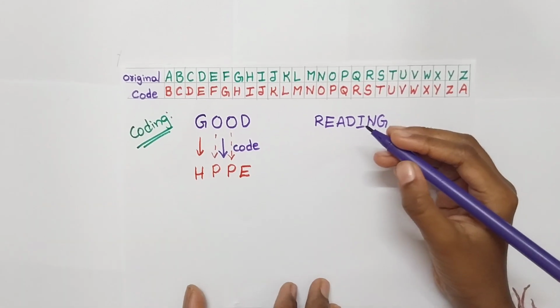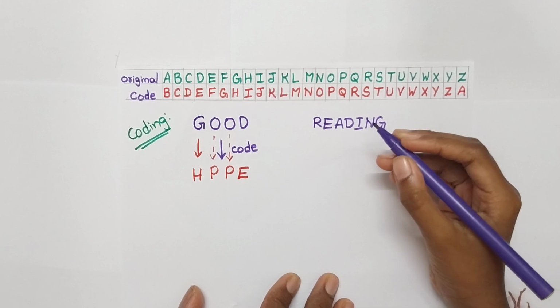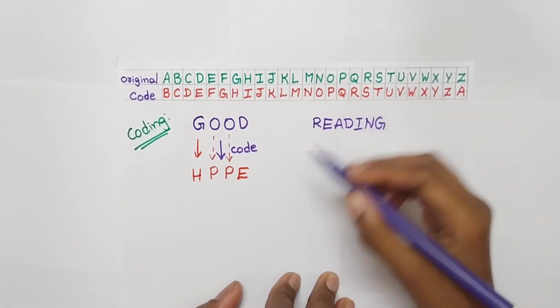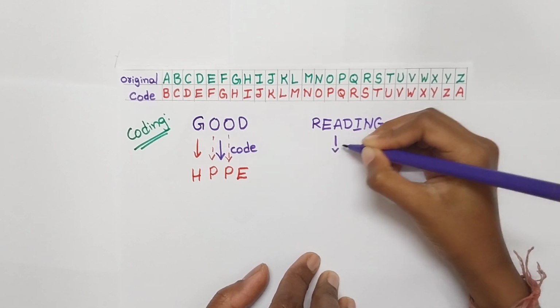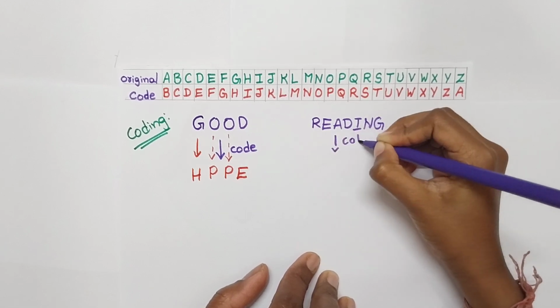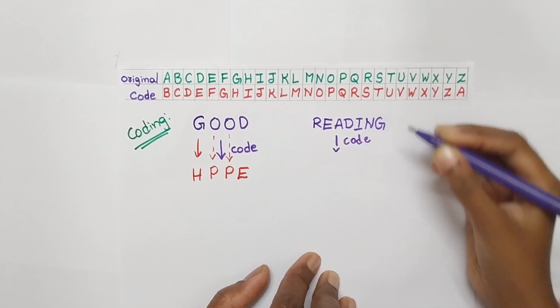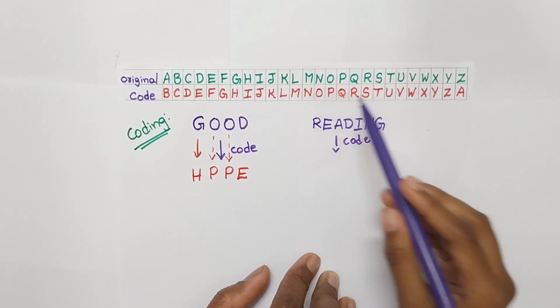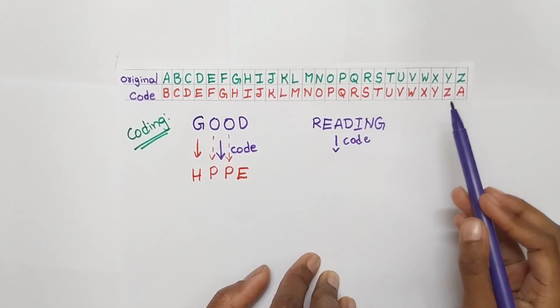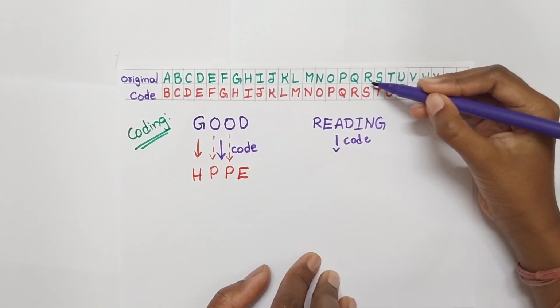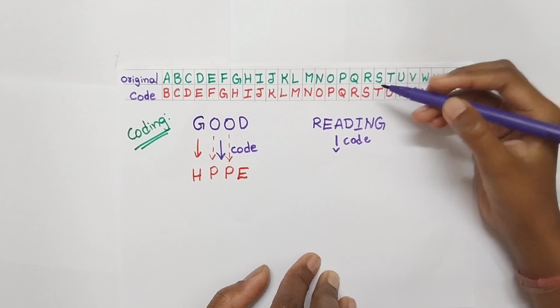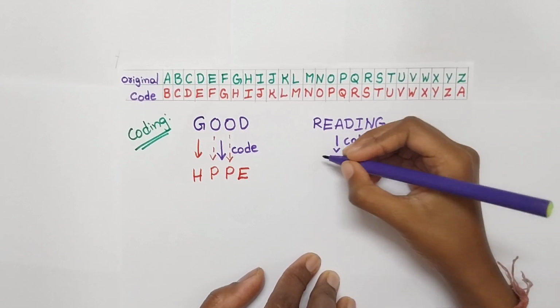We have to check the letter in the first line and take the letter from the second line. First, for R, where is the R? We check R in the first line. Here is the R. For R, S is the coded letter.